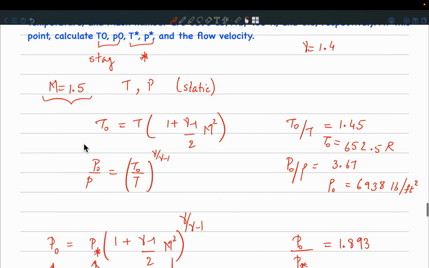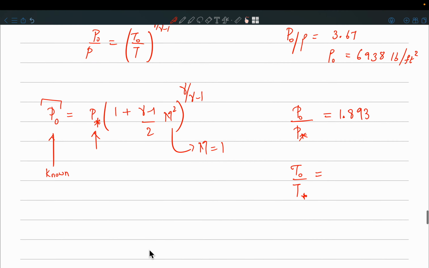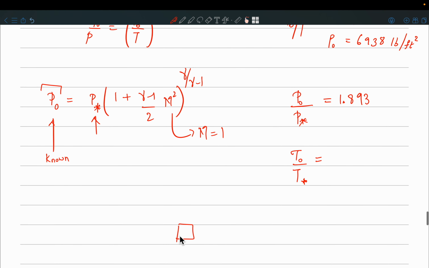Now the stagnation quantity is my reference quantity, so I know the stagnation quantity, and now I assume if the Mach was 1, then what I would get would be the star reference state, right? So what have we done? We first took the flow, took it to stagnation, and from stagnation we have taken it to star. That is how you have found the star quantities. Okay.